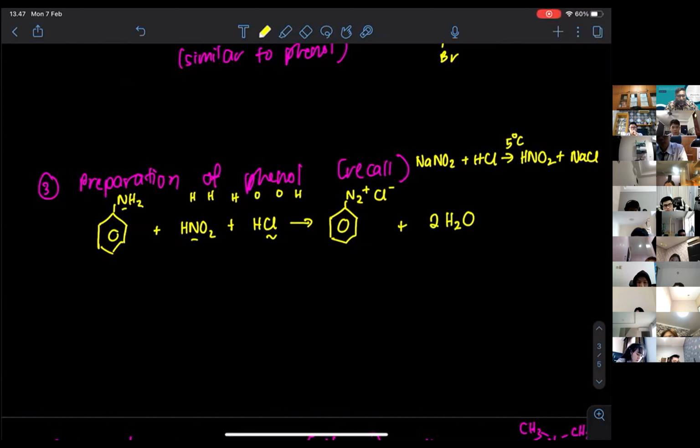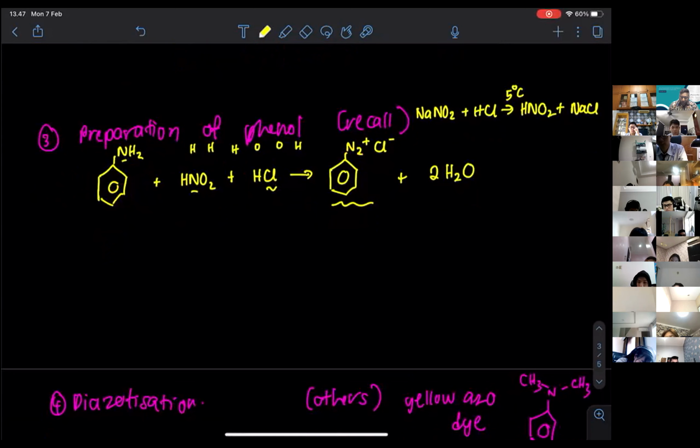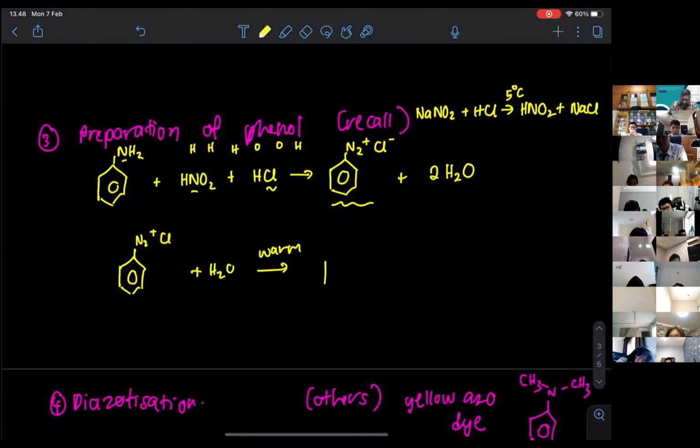Once you get this, it can be used to prepare phenol. How do you prepare phenol? You take this N2+Cl-, and you react with water. You warm this. You are going to get phenol, and then you will get nitrogen gas.